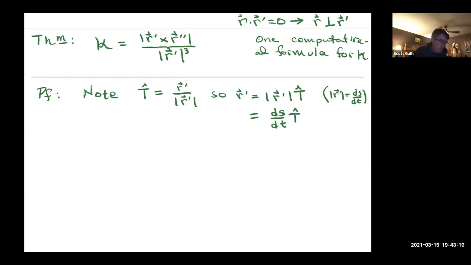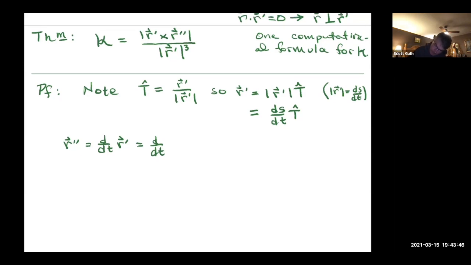Then the next thing I want to do is compute r double prime. So r double prime would be the derivative with respect to time of r prime. We'll bring this one back when we talk about acceleration in the next section.